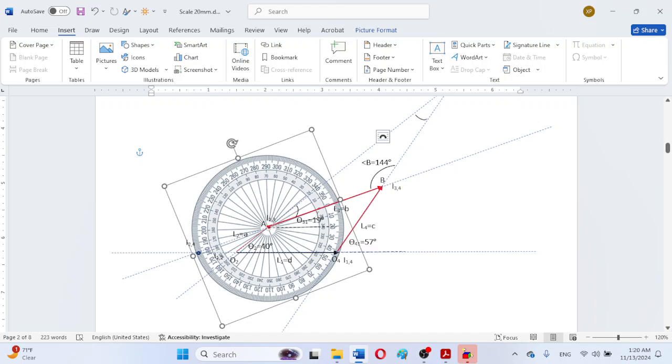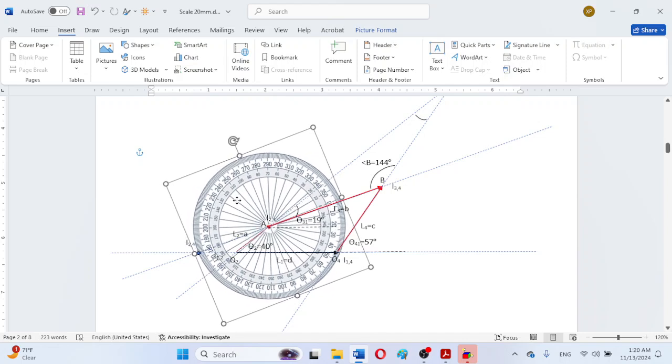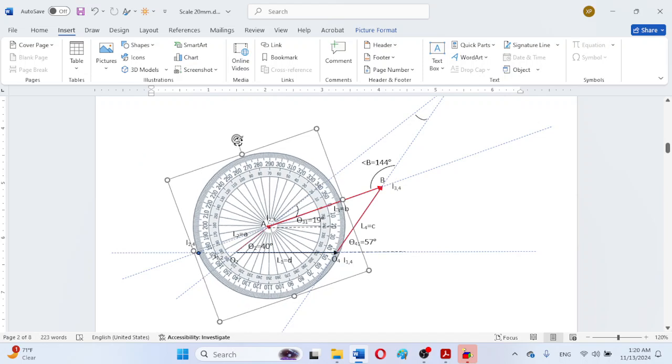That angle can be calculated by observation. Here again, make it as correct as possible. Now we can observe the angle on the internal protractor graduation mark.